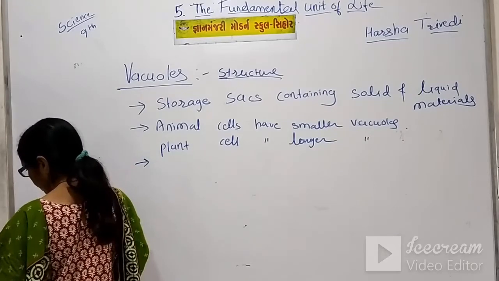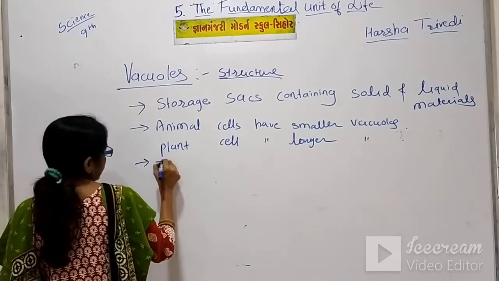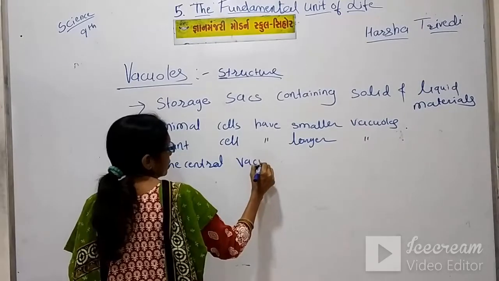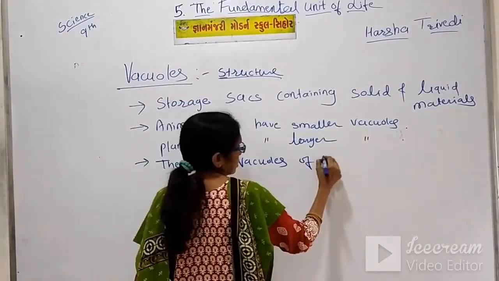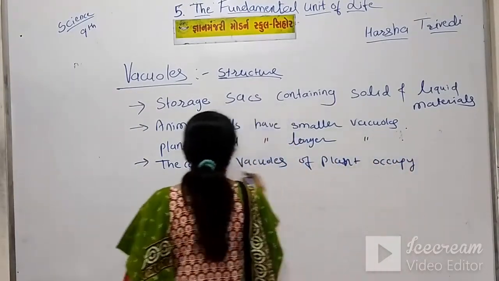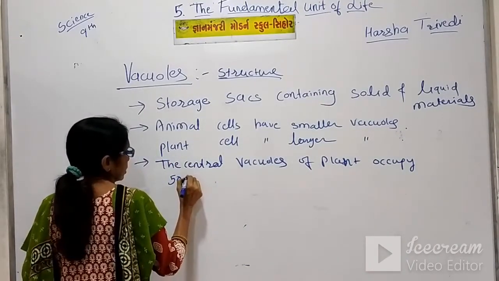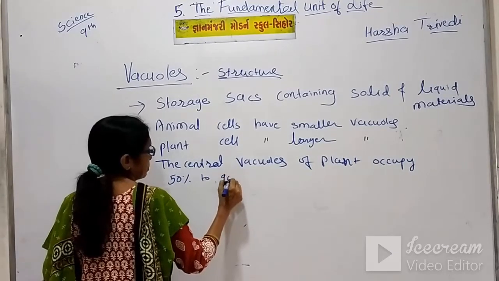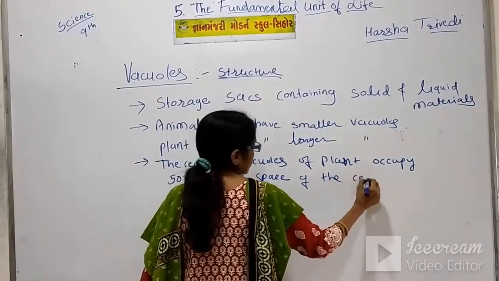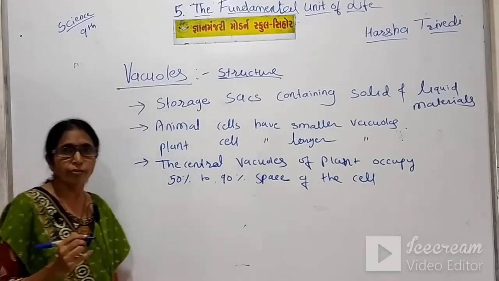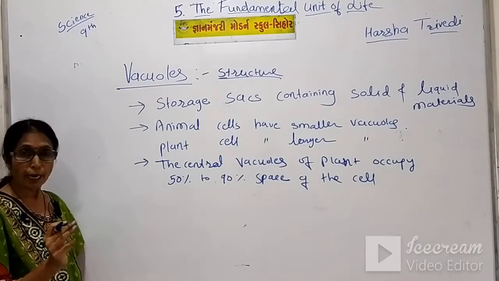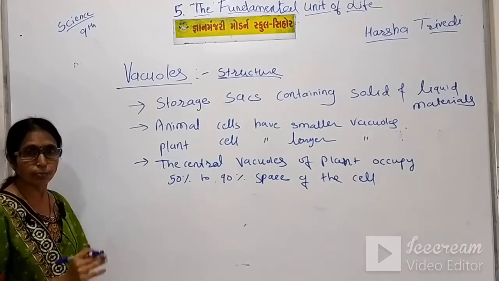Next point, the central vacuole of a plant cell occupies 50% to 90% of the space of the cell, because in a plant cell the vacuoles are bigger, and in an animal cell the vacuoles are smaller. So the central vacuole occupies 50 to 90% of the space of the cell.